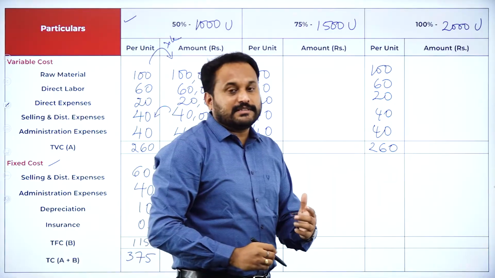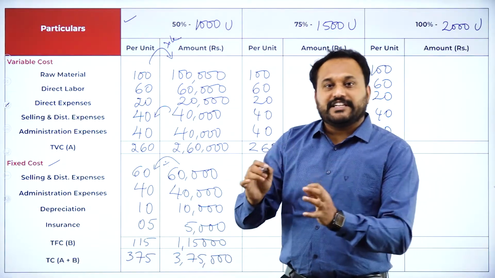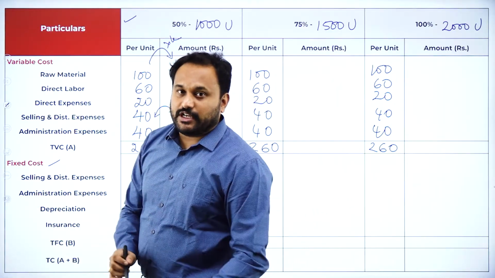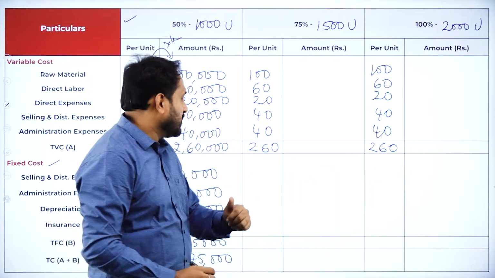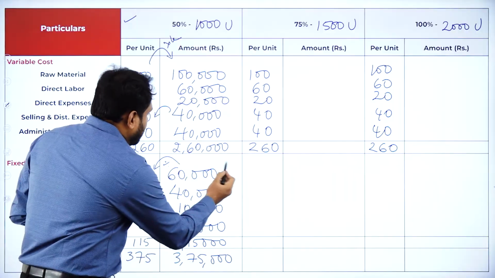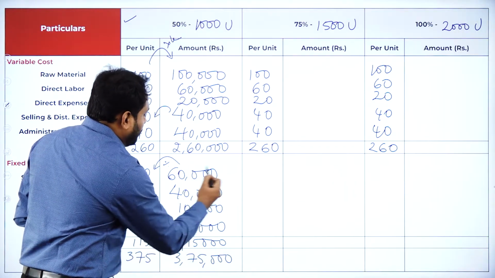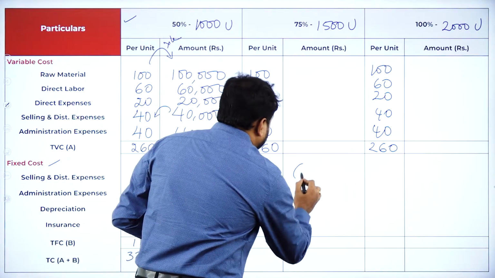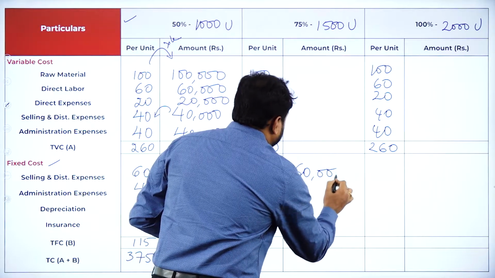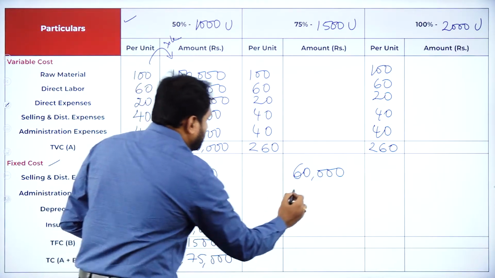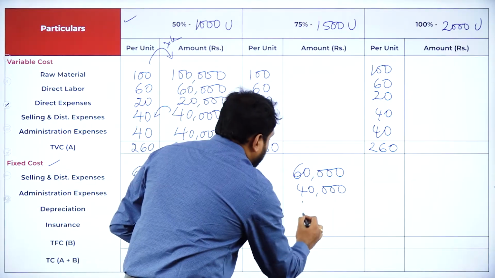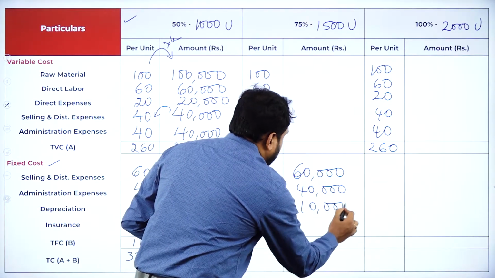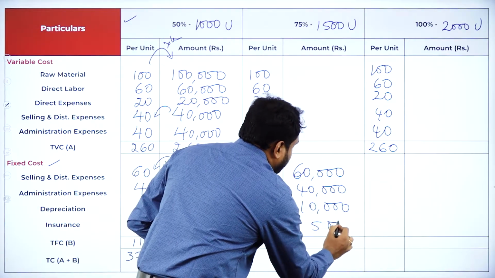And one more rule is there, that is total fixed cost will never change. What is the rule? Total fixed cost will never change. Now what is the total fixed cost here? This particular thing is total fixed cost. So again, automatically you just write here 60,000. The same way here, 60,000, 40,000. Then again you have 10,000 and the last one is 5,000.